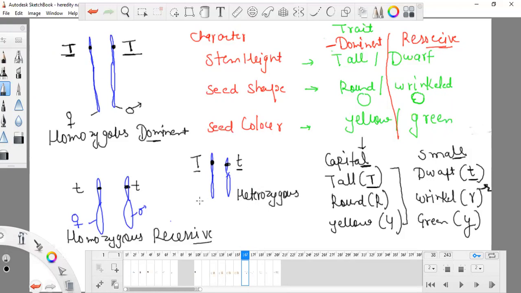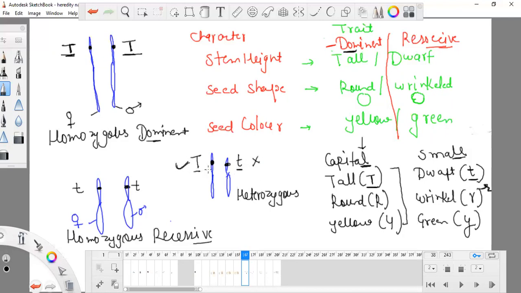Why? Because I told you in that particular class that dominant is a winner. When there is a dominant and a recessive, the effect of the recessive is nullified, it is negligible. Recessive cannot represent itself when a dominant is present.